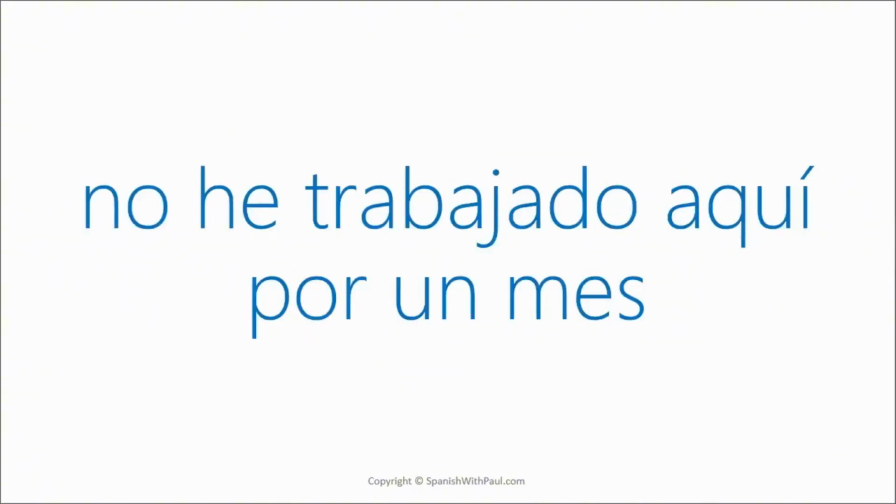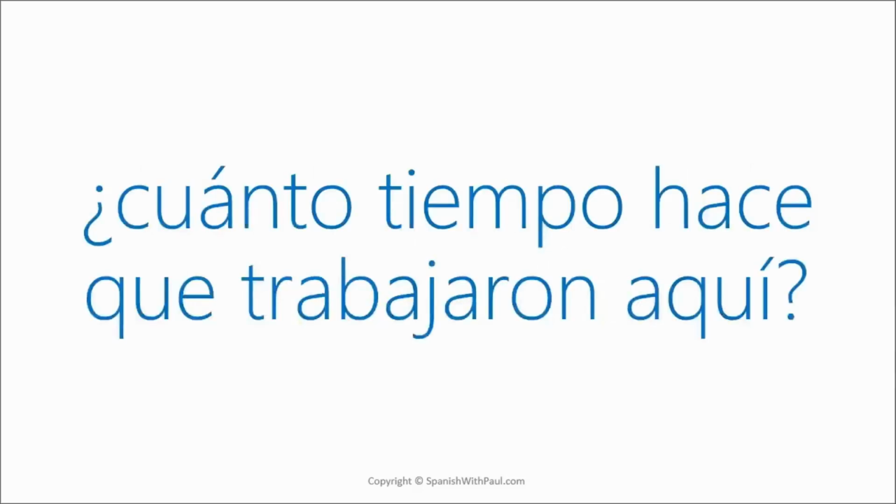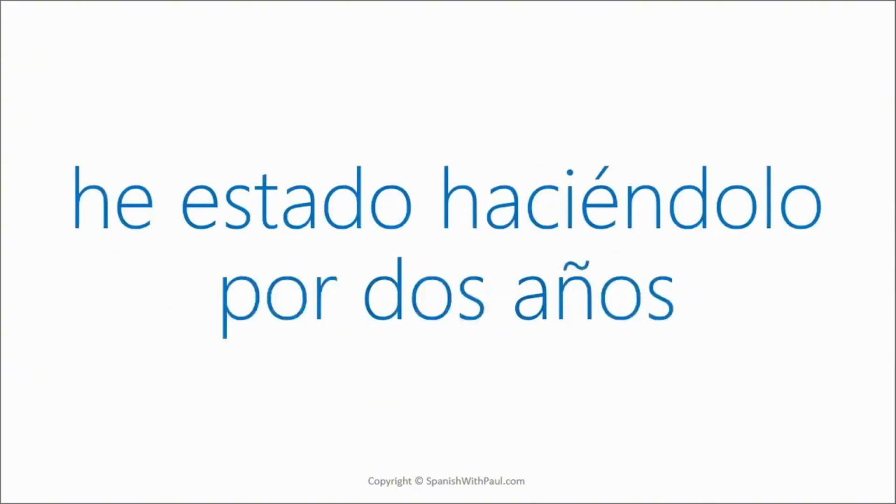No he trabajado aquí por un mes. How long ago did they work here? ¿Cuánto tiempo hace que trabajaron aquí? I've been doing it for 2 years. He estado haciéndolo por 2 años.